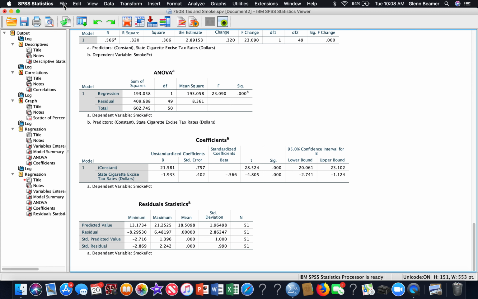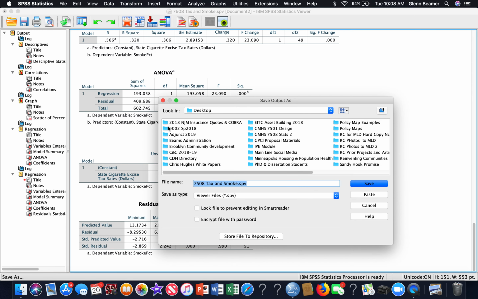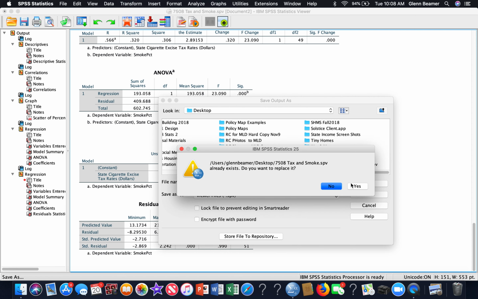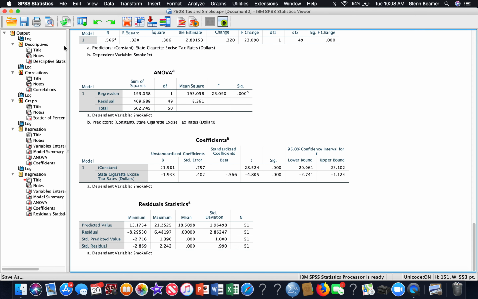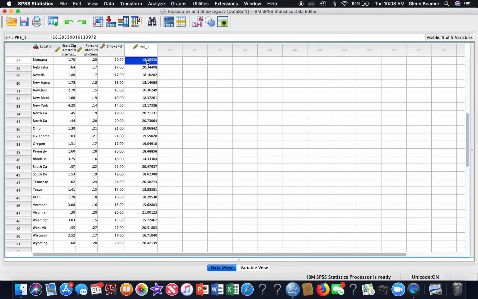At this point, what I'll do is save this file, and so I can post it and you can compare. Yes, I want to replace it. Great. I'm going to go ahead and close that. And here, actually, by the way, in the data are the predicted values that have come back, so you can see them.